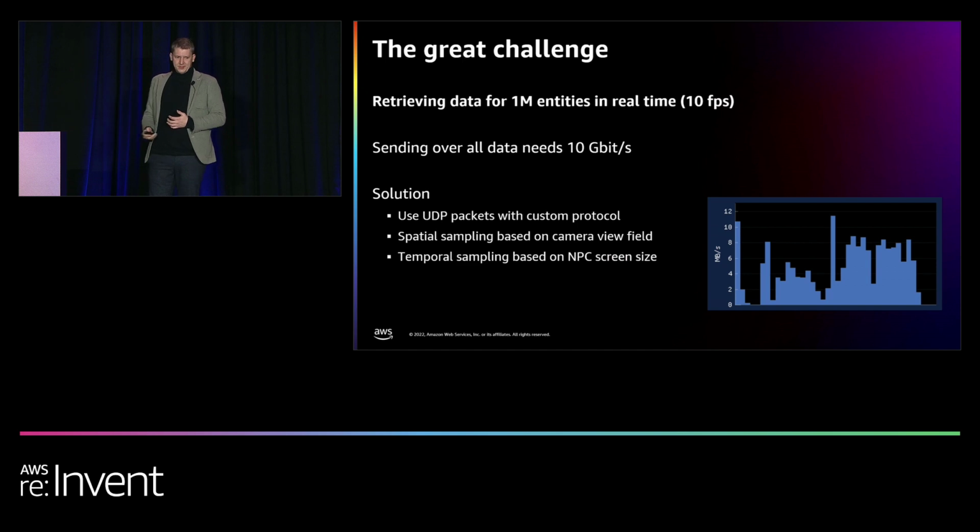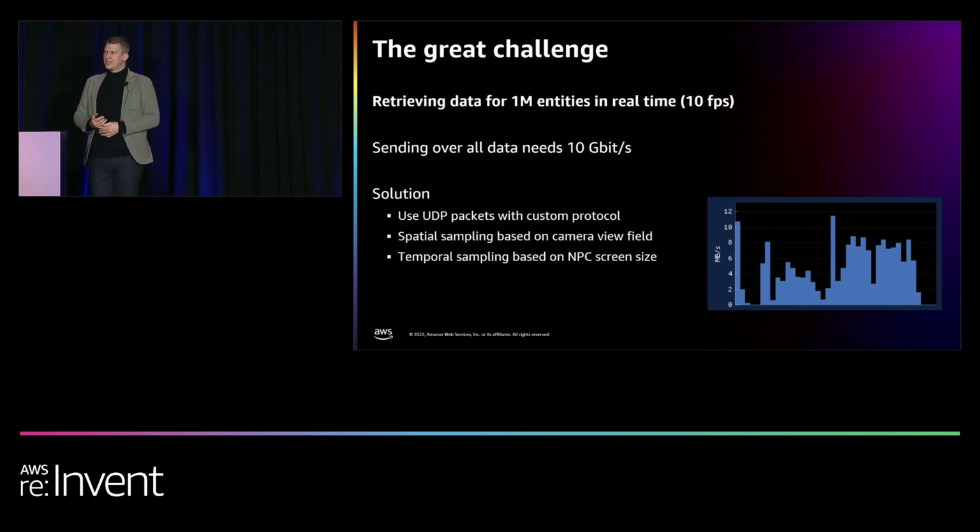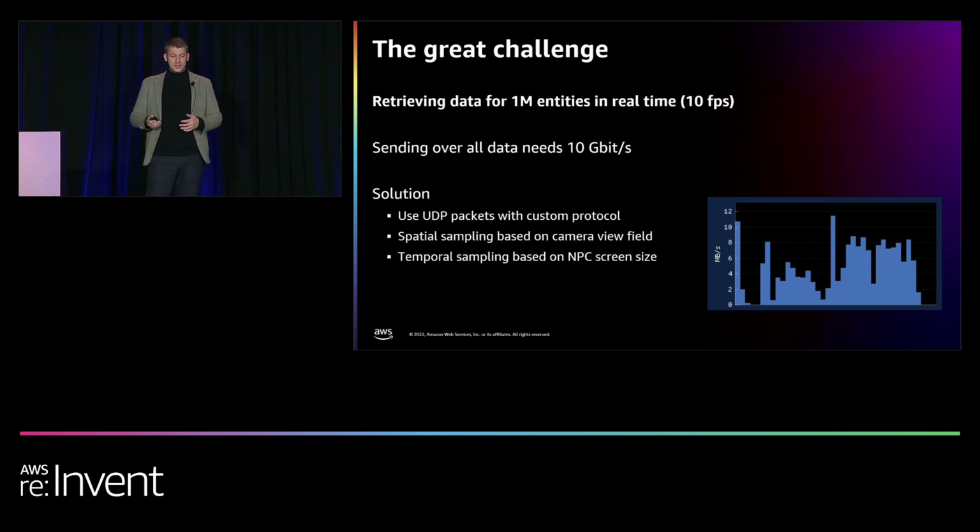You see the picture there with at most 10 megabyte per second. We could send over 1 million visible entities and also render them, which may still be a lot of data. But in most cases, you're not seeing 1 million people in real time because they are hidden by buildings and other shapes.